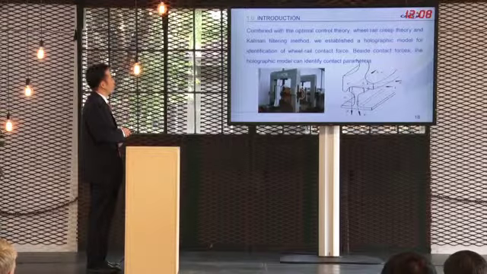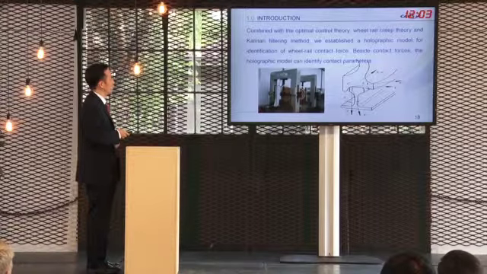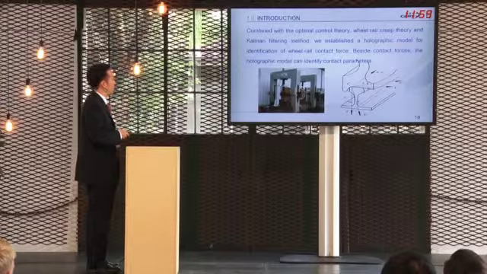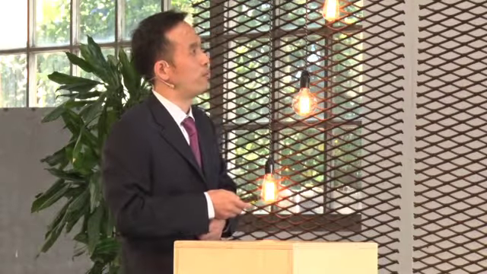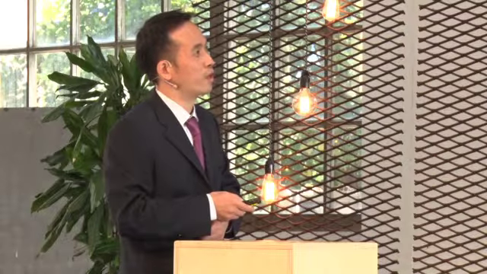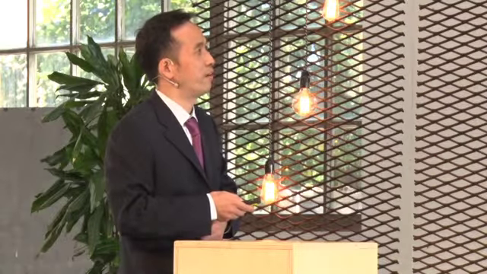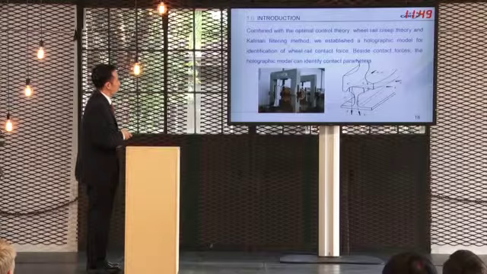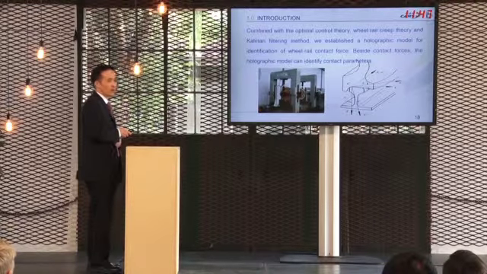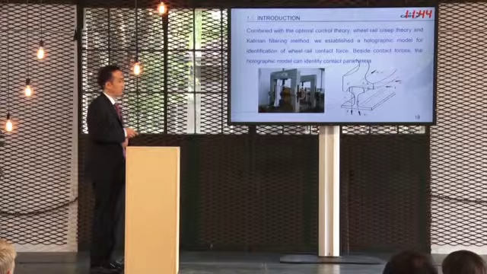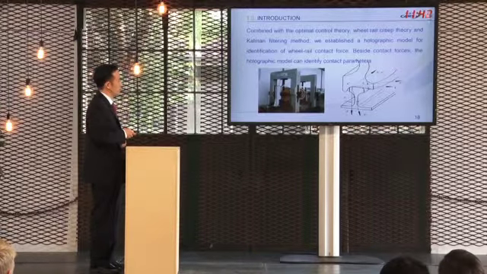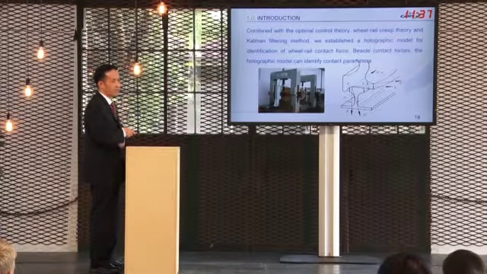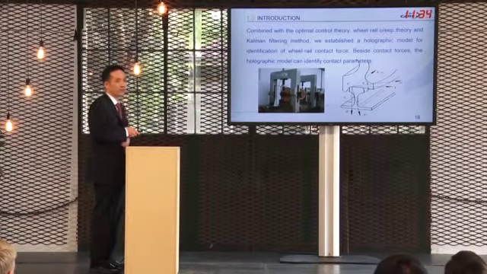We will present a homographic model for identification of real contact force combined with the optimal control theory, real clip theory, and Kalman filter method. In this model, in addition to the contact force, we can also obtain the contact parameters, such as the lift of the wheel sets.